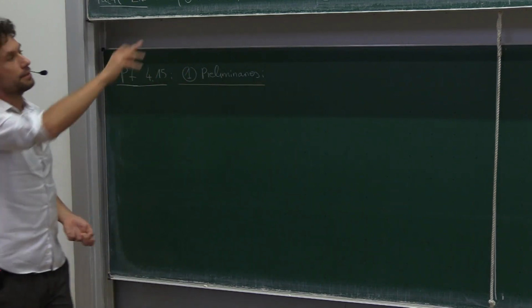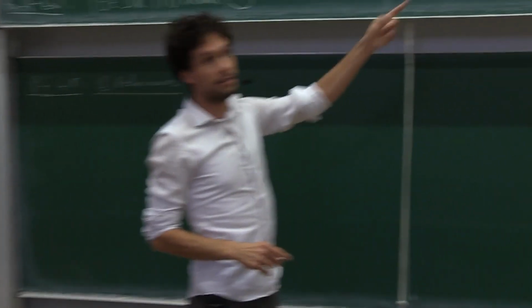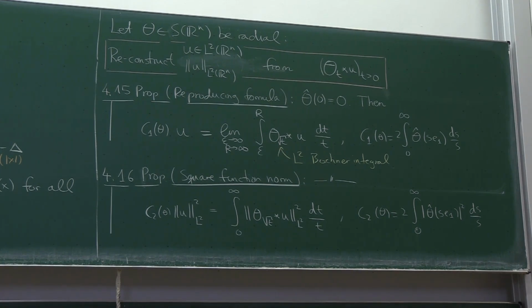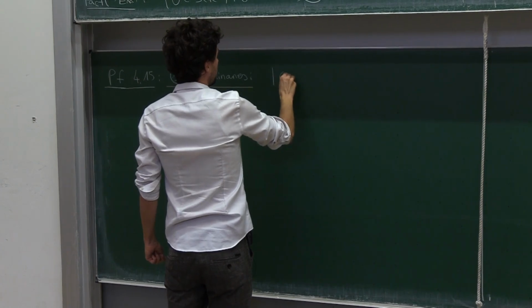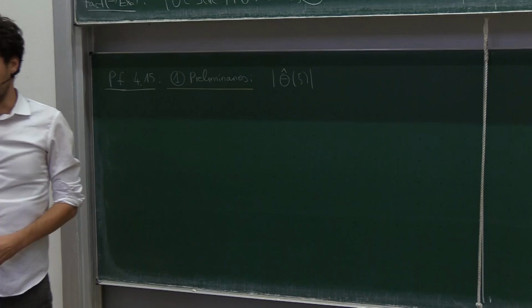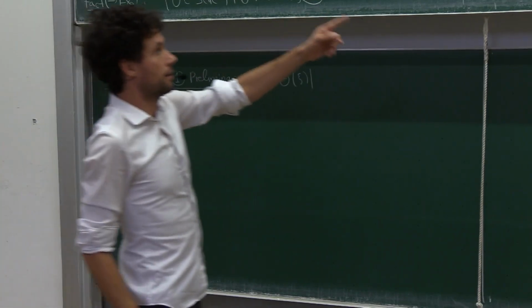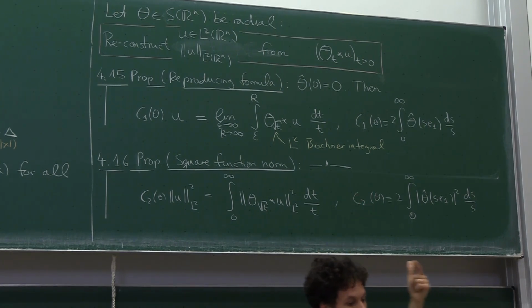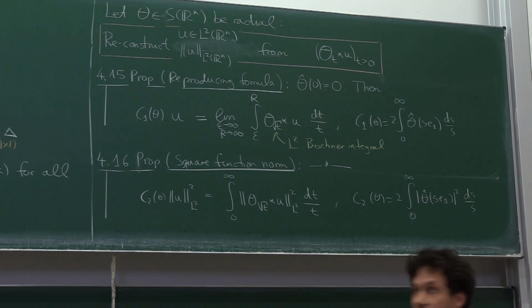The first thing that you should convince yourself of is that this integral with a theta hat exists. Why is this? If I look at the Fourier transform of theta, this is a Schwarz function. If I want to see that this real integral defining C1 of theta exists as an honest Lebesgue integral, then I need some decay at infinity, but theta hat is a Schwarz function, so it has as much polynomial decay as I want.